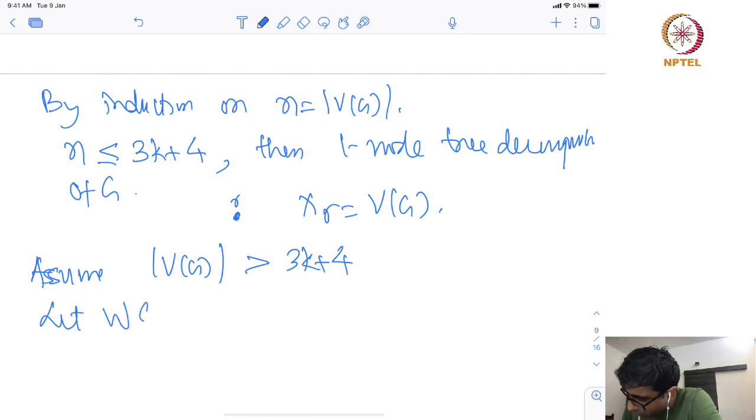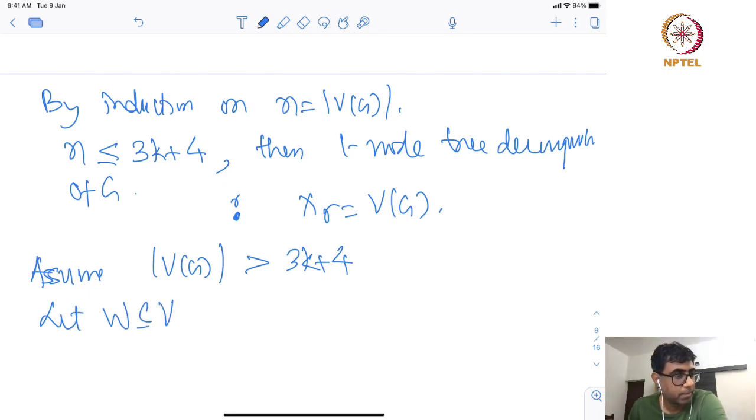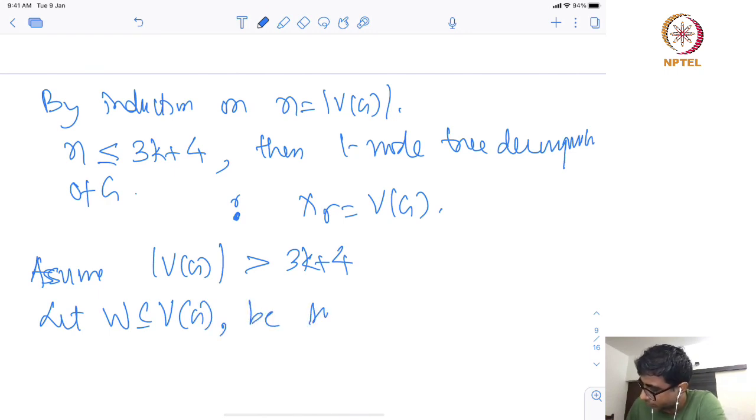Now, let W be a subset of V(G) that you gave us, and suppose the size of W is at most 2k plus 3.